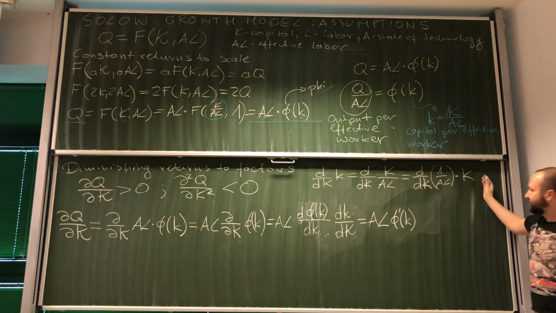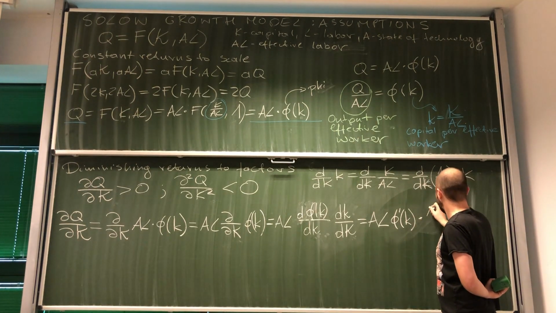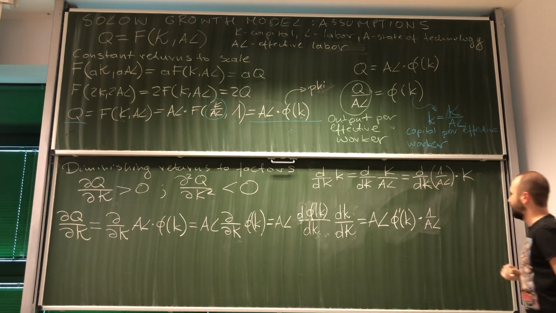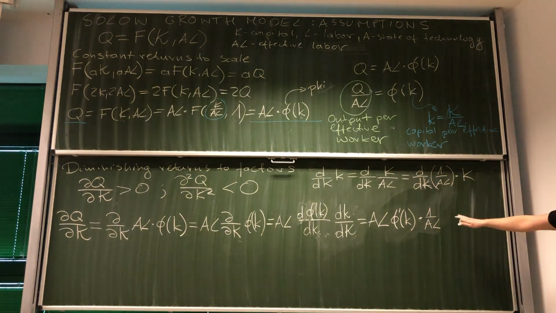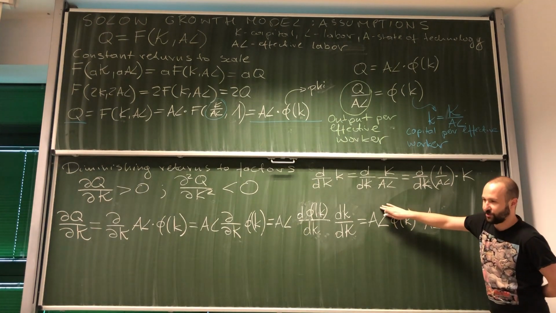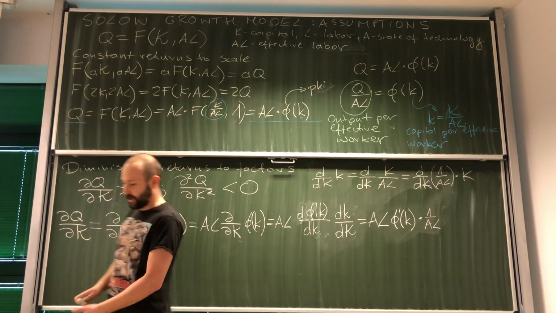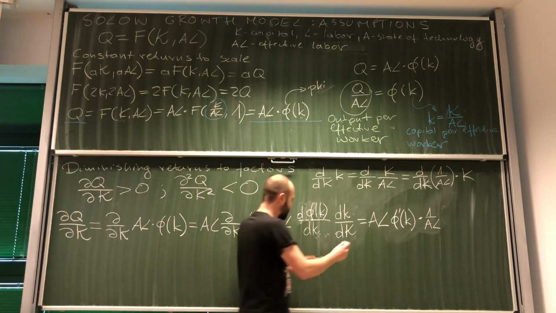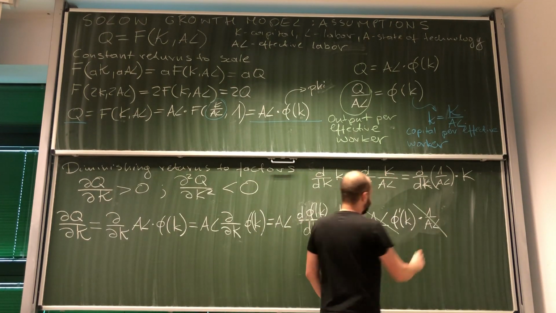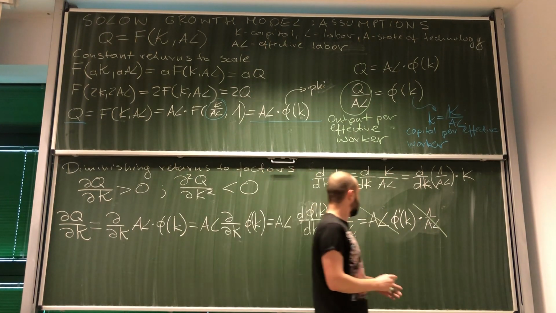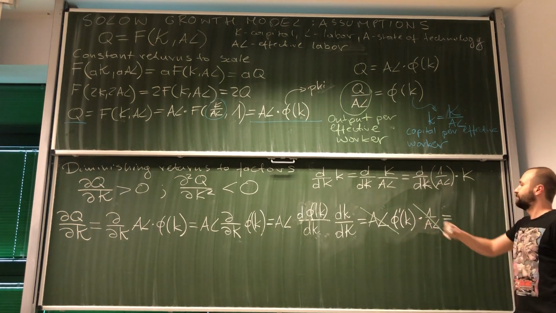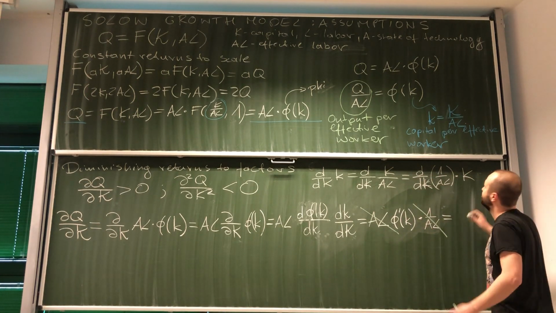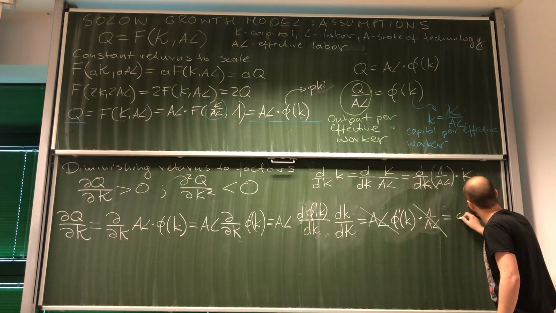So after differentiation, all we've got is 1 over AL. And look, as it turns out, those two expressions are cancelling each other out, and the only thing left we've got at the very end is first derivative of phi.